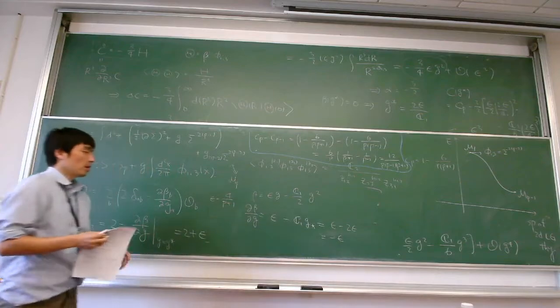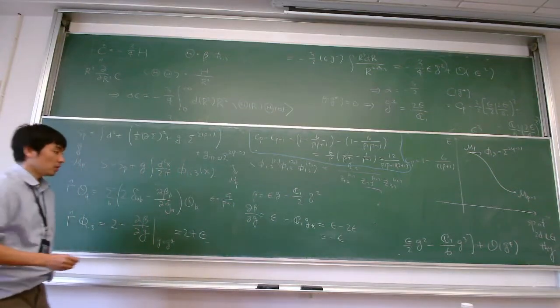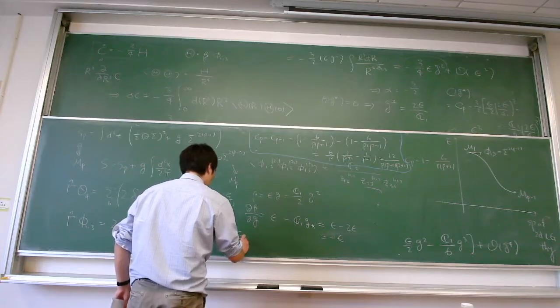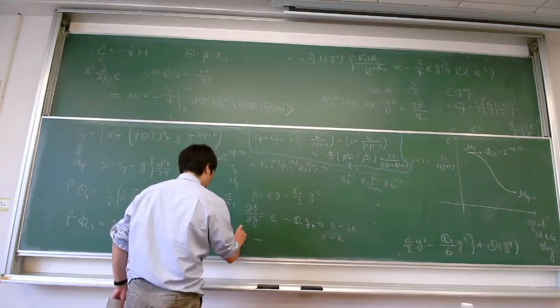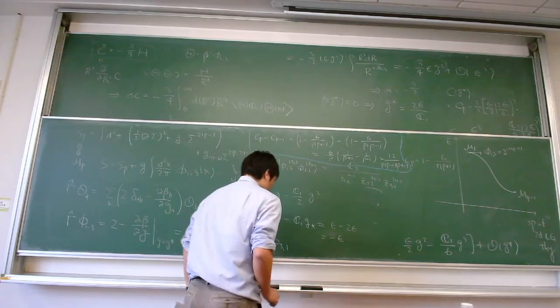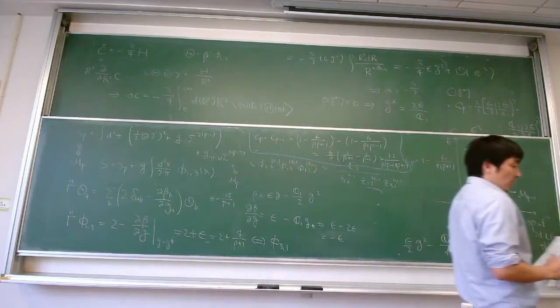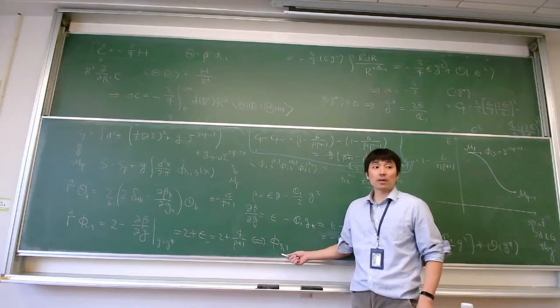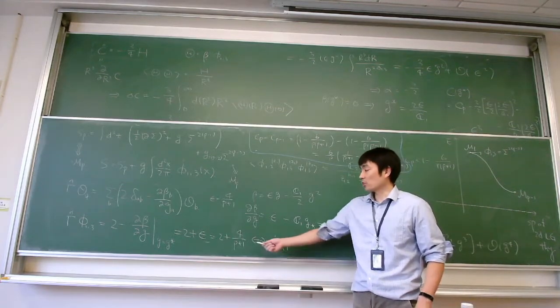So we plug into here, and this is equal to 2 plus E, which is 4 over p plus 1. And this is indeed 531. So therefore, the conformal dimension of 531 in the theory.